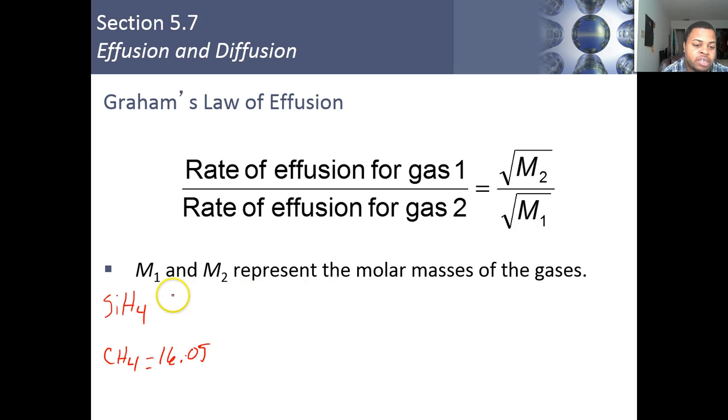That's going to give us approximately 32.13. So when we set up our rate of effusion, it's going to be the square root of 32.13 divided by the square root of 16.05.